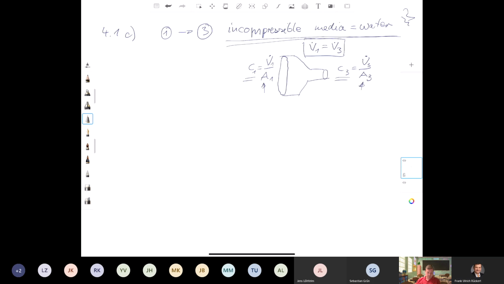So if we have now, let's say, C7, C7 was, I look back, 12.56 meters per second. This was C7. So we can recalculate C3 by the areas and the diameters.